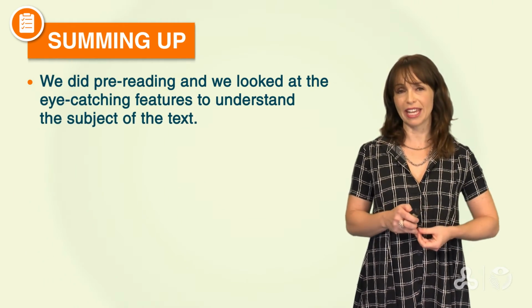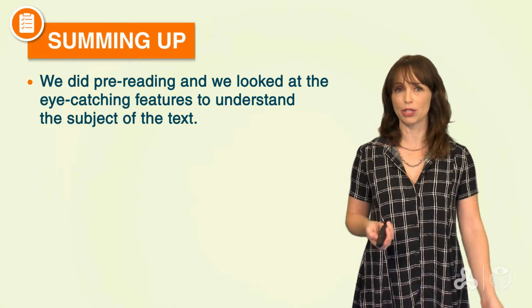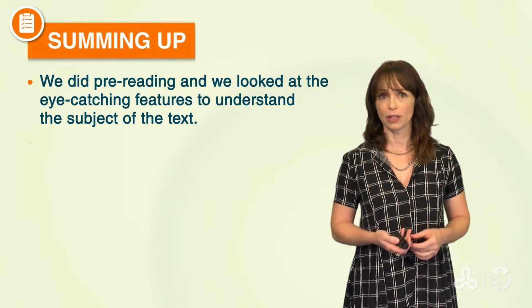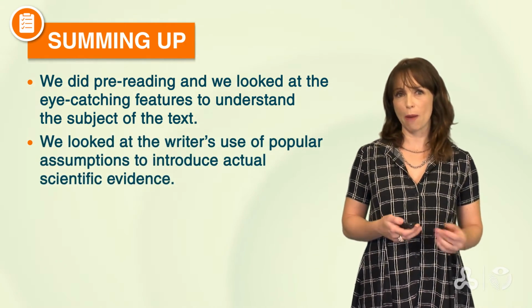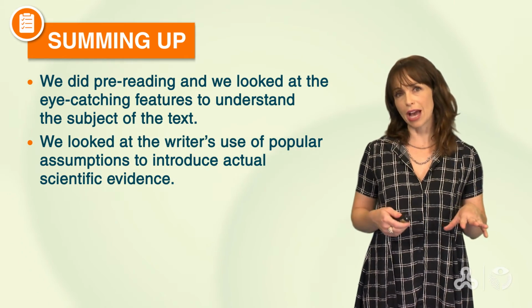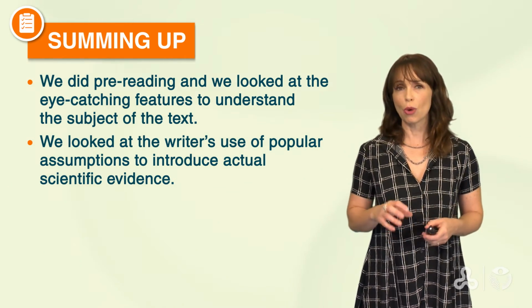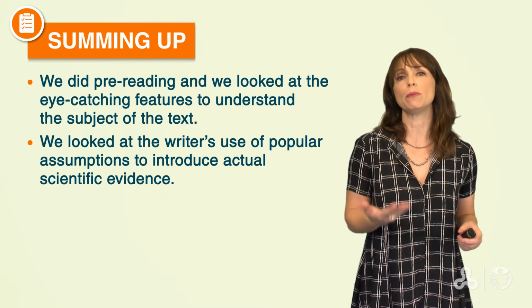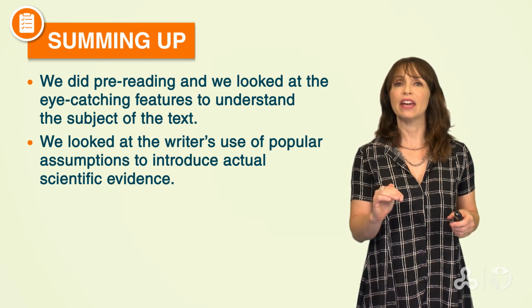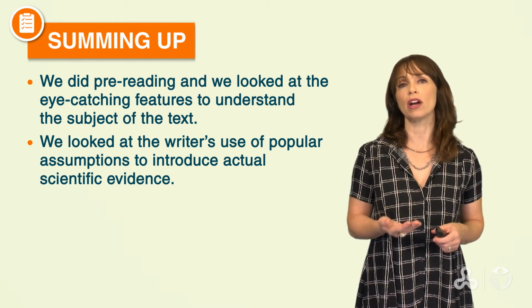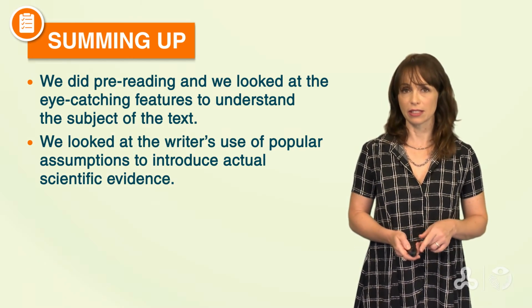So let's sum up what we did in our first lesson. We did pre-reading and we looked at the eye-catching features to understand the subject of the text, like we always do. We looked at the writer's use of popular assumptions to introduce actual scientific evidence. So the writers began with what most people believe, and then they gave scientific evidence for the subject of their text.